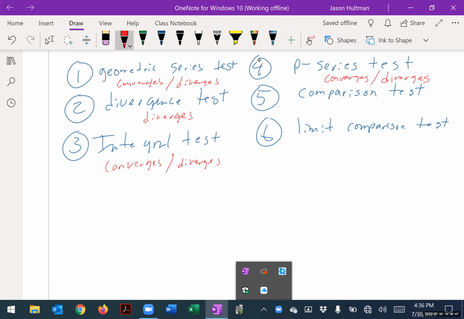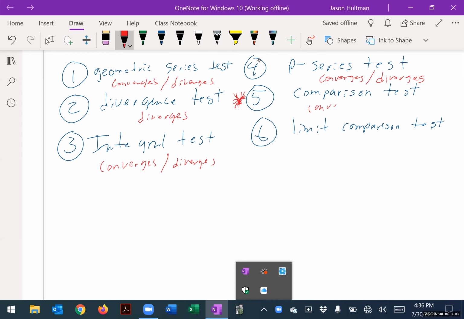I'm going to put a little star by number 5 because I think it's actually the hardest to work with, because it doesn't always work. We'll get to why that is in a minute. It does tell me if it converges or diverges, but it's under special conditions.